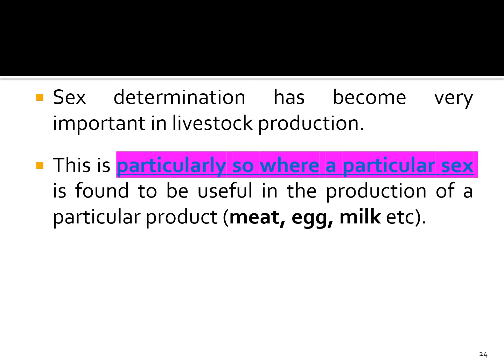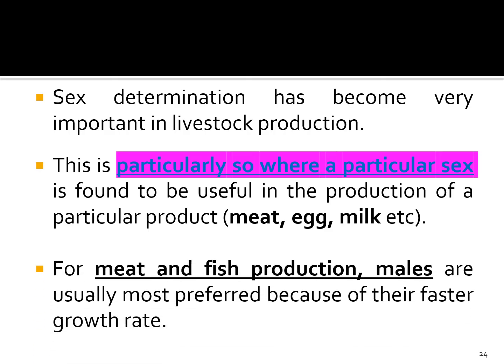For example, when the farmer is interested in meat, meatiness in fish, or egg production in poultry birds, and also meat production in cattle, then the determination of the sex at an early stage becomes very important, and the farmer is very interested in knowing the sex of the organism even before they are born.